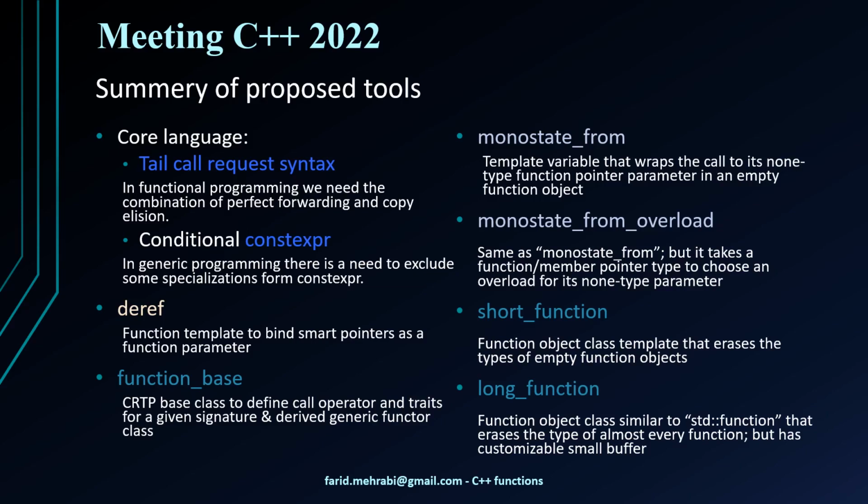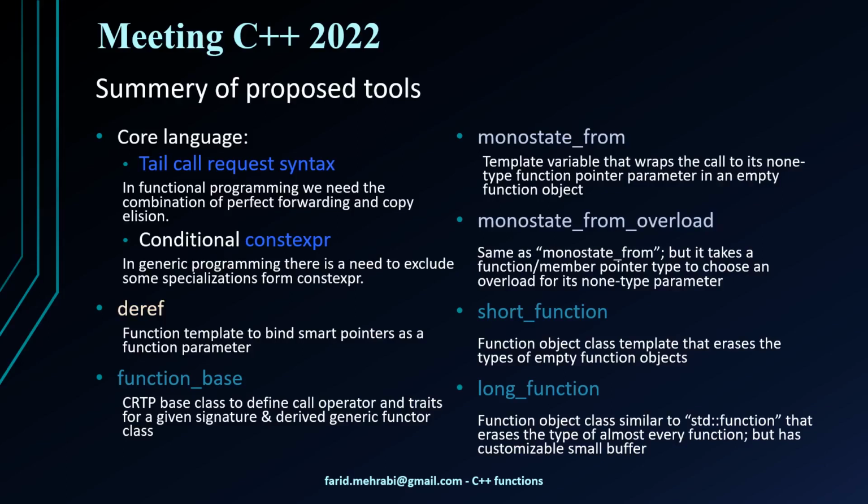And we can have the function base CRTP class for generic function libraries that simplifies defining a unique function call operator with exact signature and provides the traits for our functions.